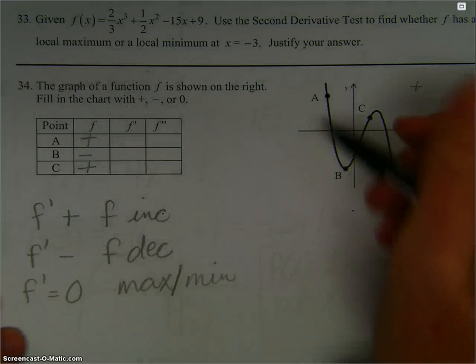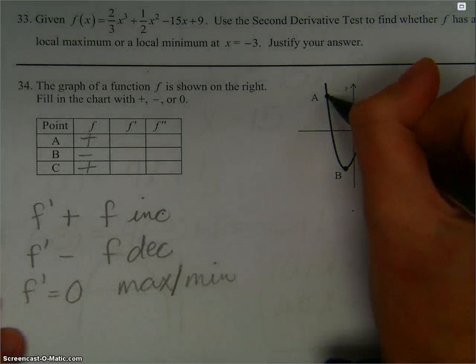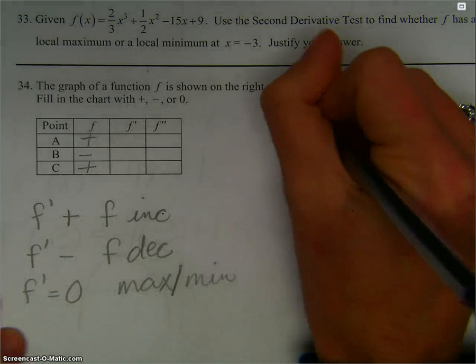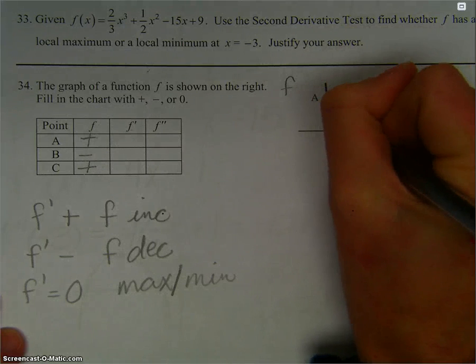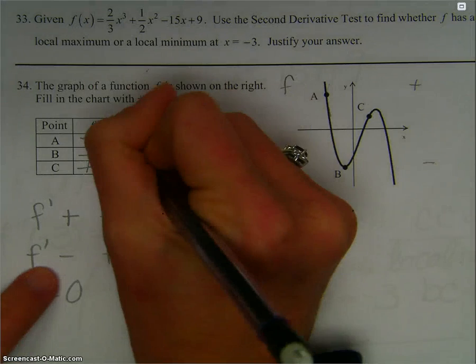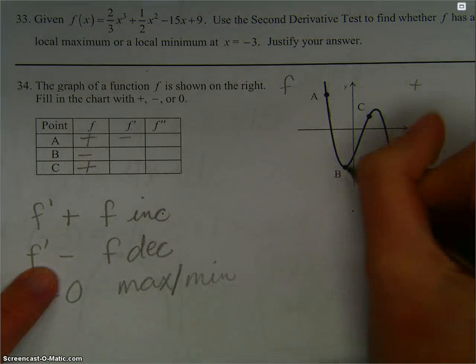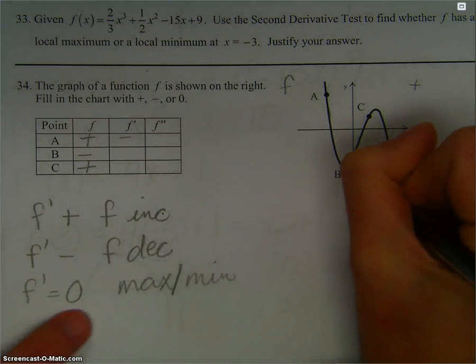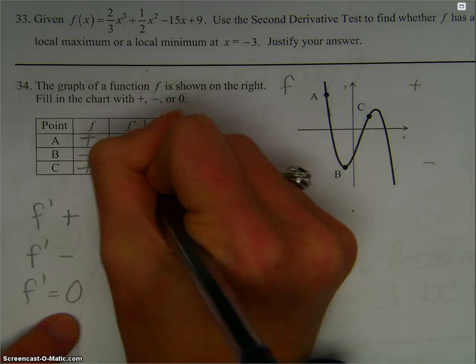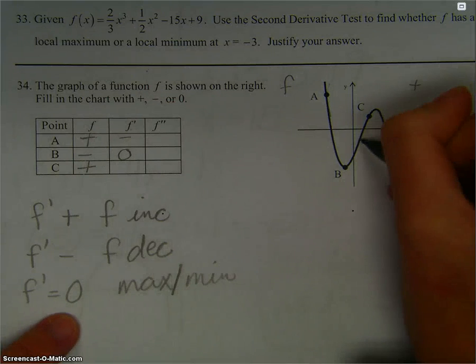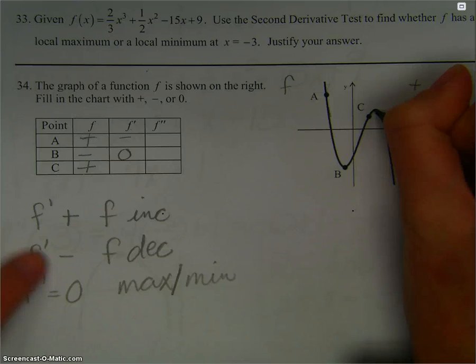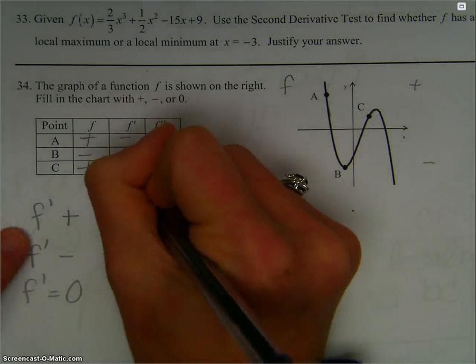Okay, so let's look at A. At A, the graph of f, which is what's given to me, is decreasing, so I know f prime is negative. At B, I have a local minimum, so I know f prime is 0. And at C, the graph of f is increasing, so I know f prime is positive.